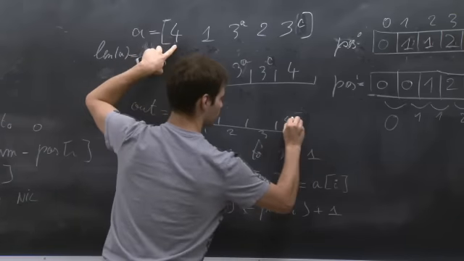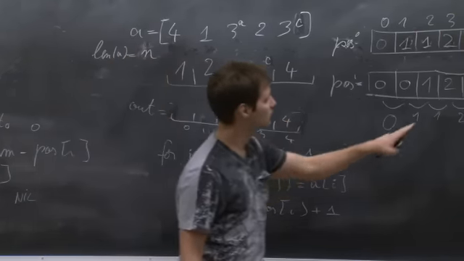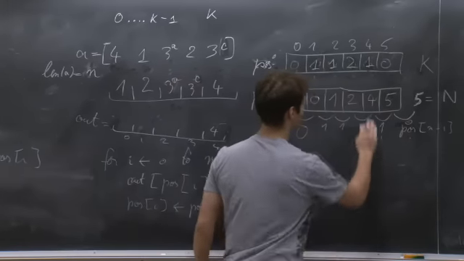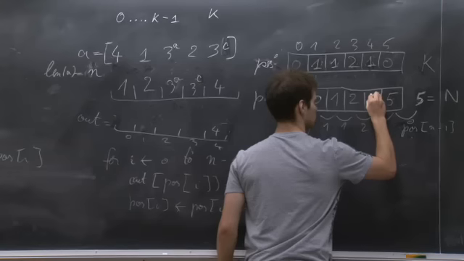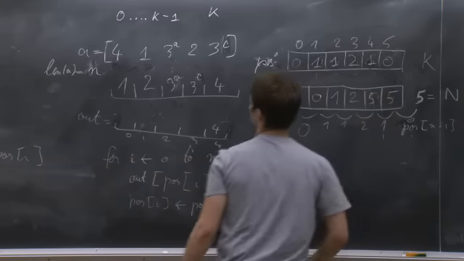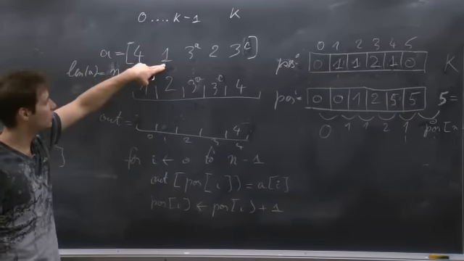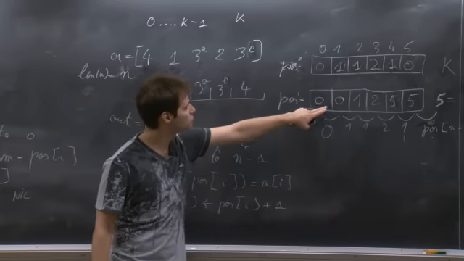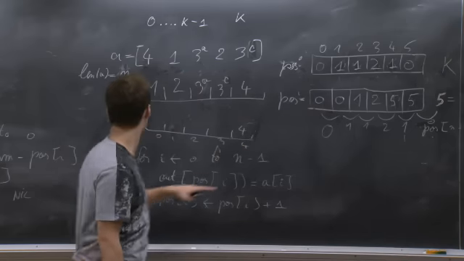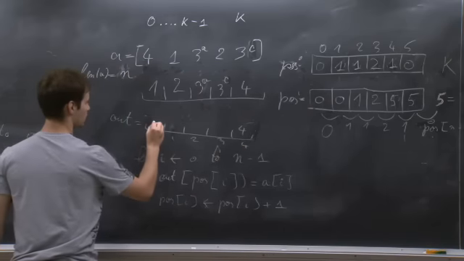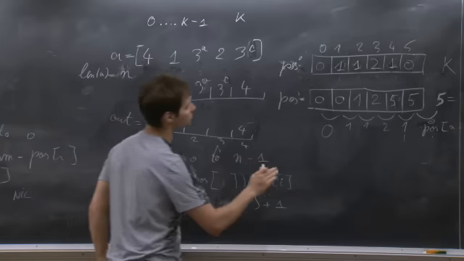So at 4, I write 4. And then I increment this guy to become 5. Then I get 1. So I look at pos of 1. And that is 0. So I'm going to write 1 at position 0, and I'm going to increment it.